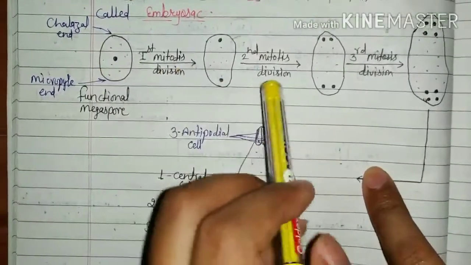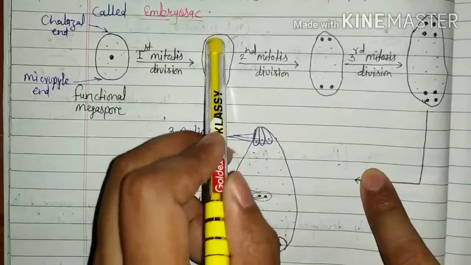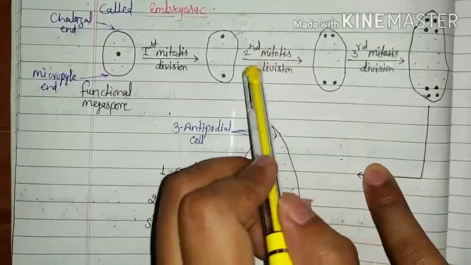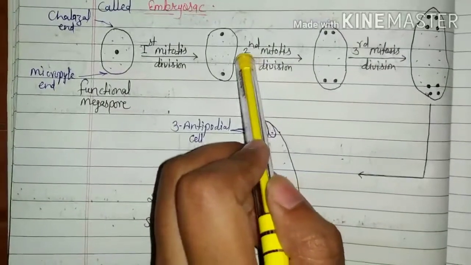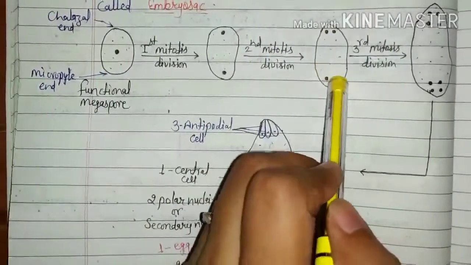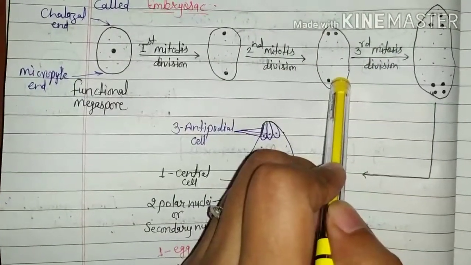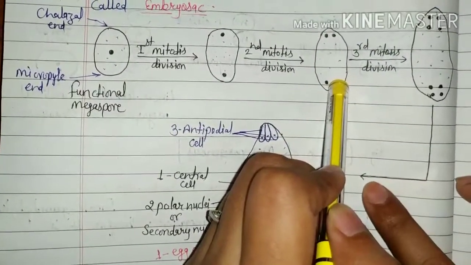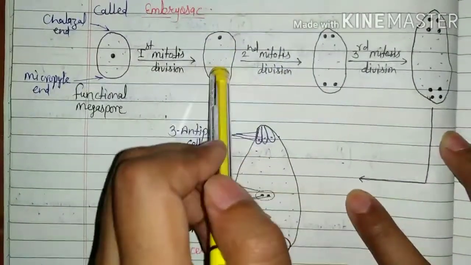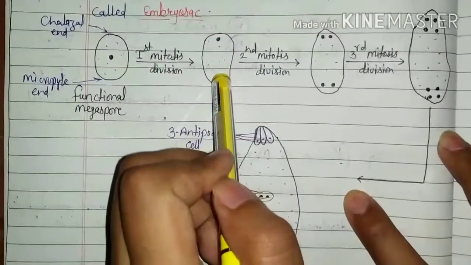After this, the two-nucleate stage divides by the second mitosis and forms 4 nuclei, and these nuclei move to opposite poles.